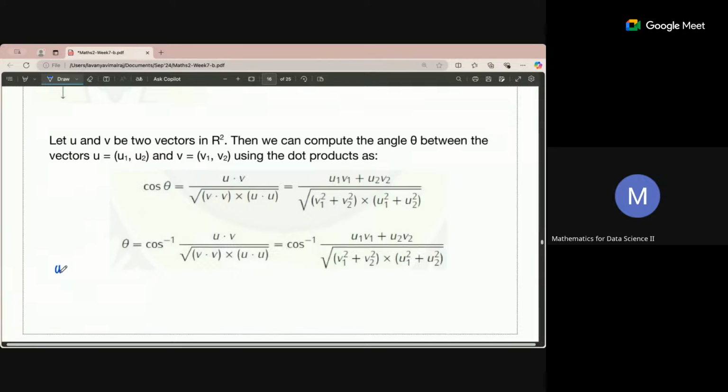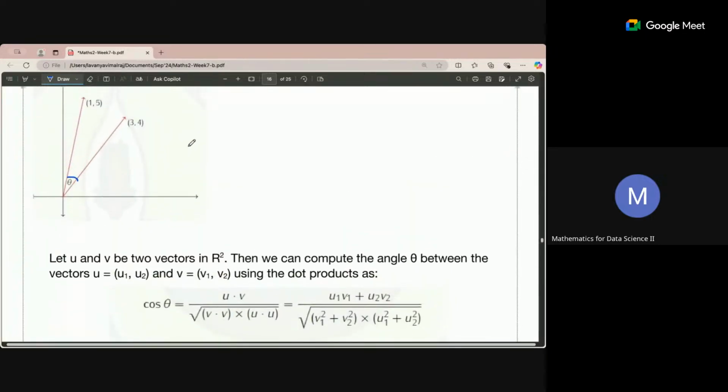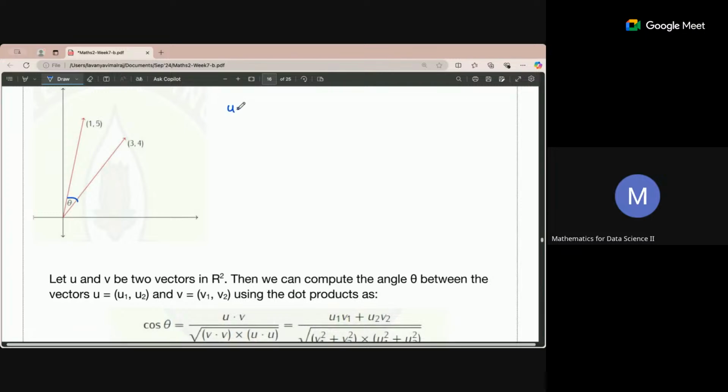So here, what is your u? You have considered u to be 1, 5, and v is 3, 4. So what is the angle between these? Cos inverse of u dot v, which is 3 plus 20, 23. And then here you have the length of this vector and the length of this vector.